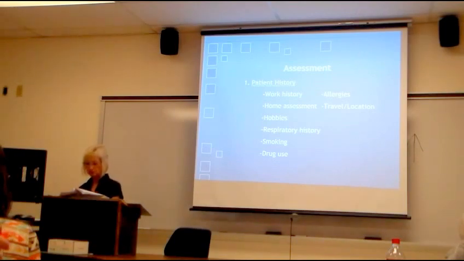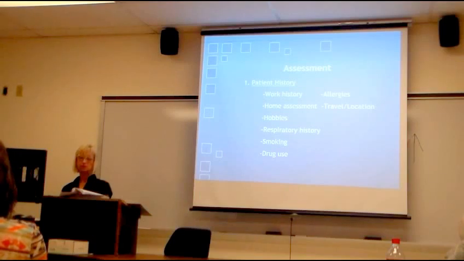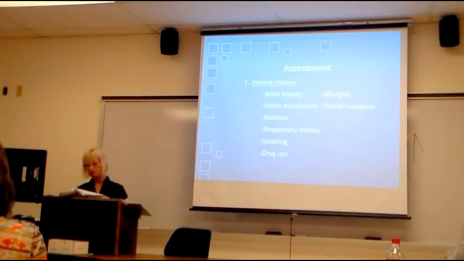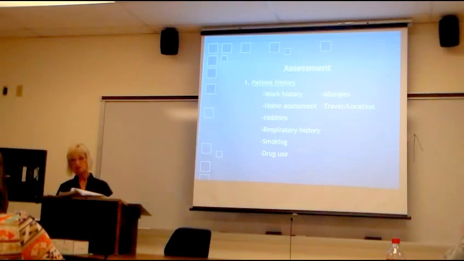Family history and genetics. Okay, so you need to ask them about their family history for genetic conditions such as cystic fibrosis. Certain lung cancers are genetic. Emphysema is an alpha antitrypsin deficiency and can be genetic. And asthma can also be genetic.